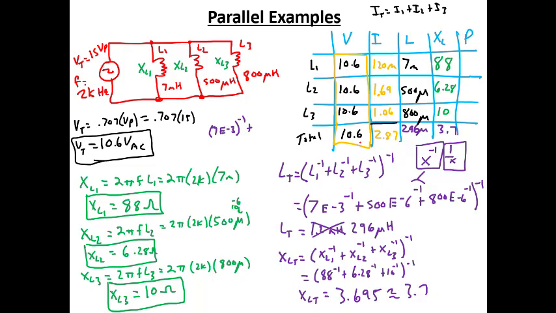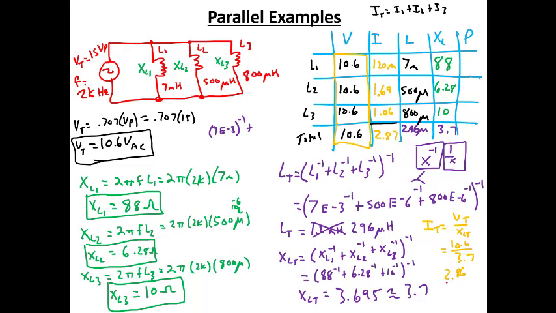All right, so now I have the total current. Now, as a double check, maybe I'll do that over here. I total should equal V total divided by X sub L total to see if I did this correctly. So if I take 10.6 and divide it by 3.7, I should get the same thing, and I get 2.86.